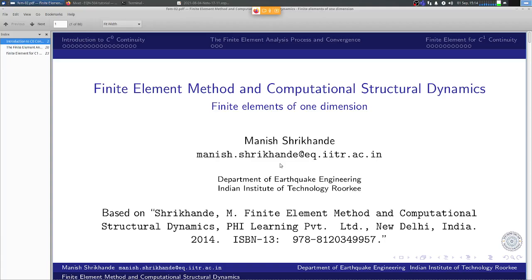The rest of the finite element analysis is just a generalization of the concepts that we deal with in the case of one-dimensional problems.